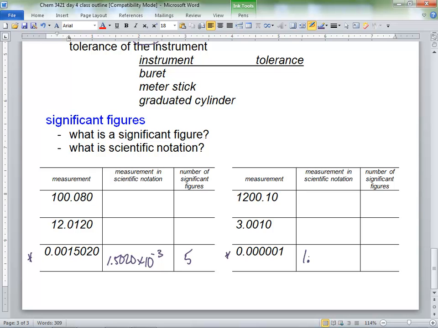A lot of people don't. It's just 1. There's no 0 after it. This isn't there. That's not there. So it's just 1 times 10 to the negative 2/4. Isn't? Yeah, you're right. 6. I can't even count. Okay. So that's the game with sig figs, and you can practice them if you'd like.